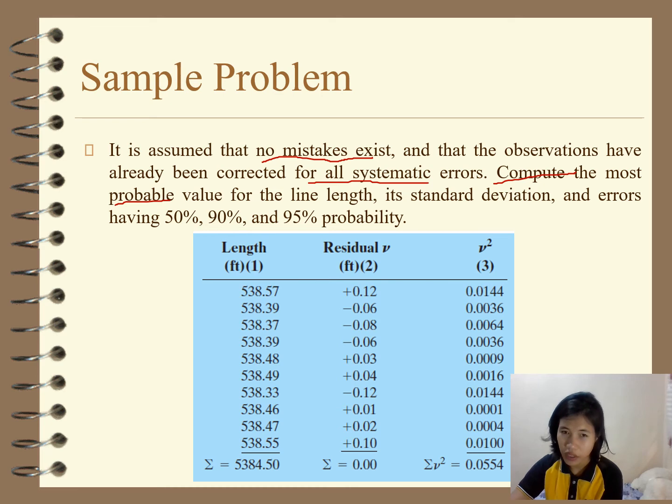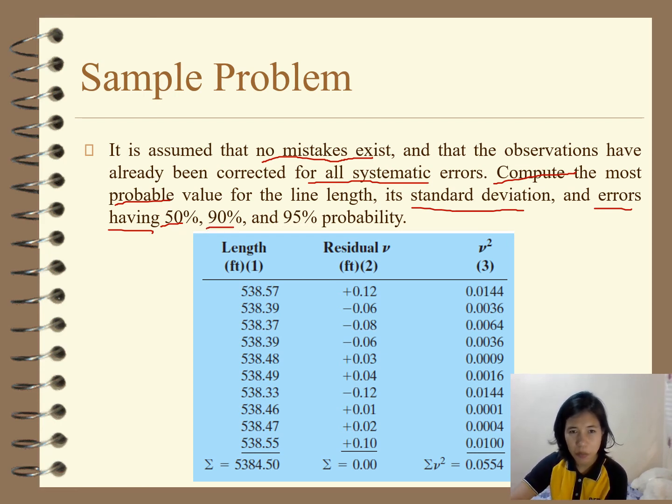We will compute the MPV of the length of the line and the standard deviation, which is sigma, and the errors having 50%. Which observations have 50% error, which falls within the probable error?